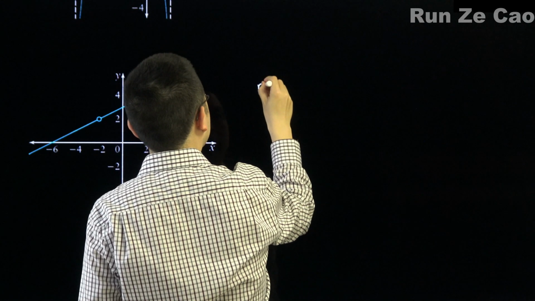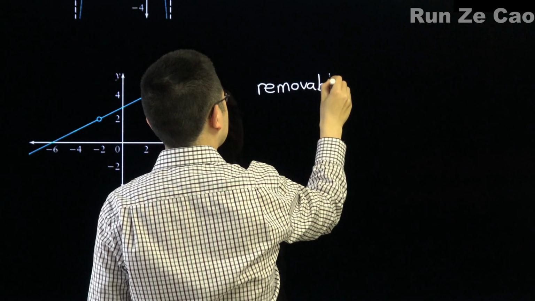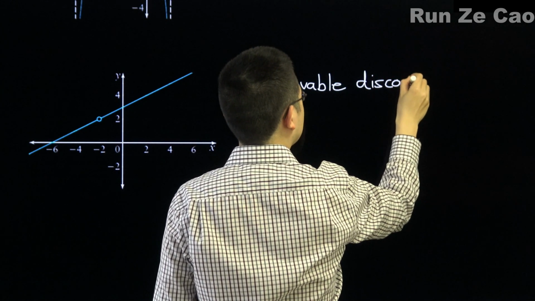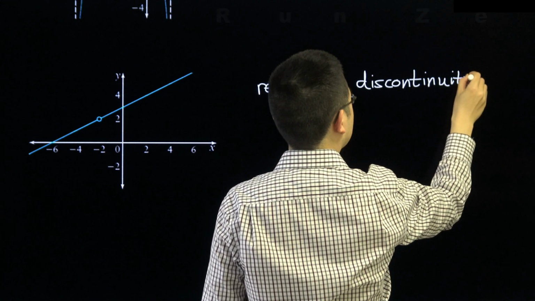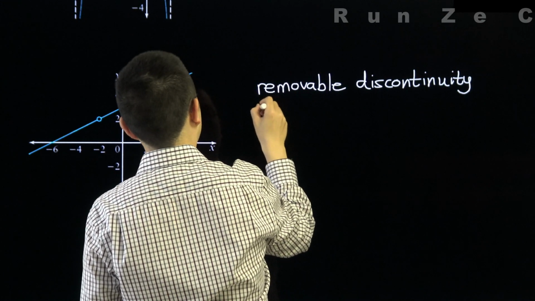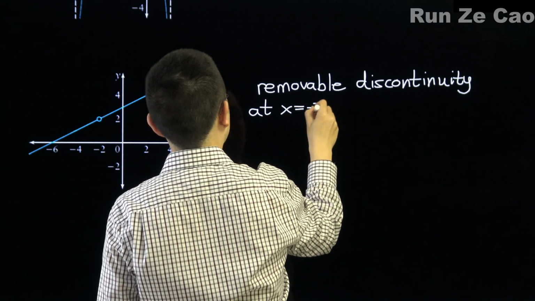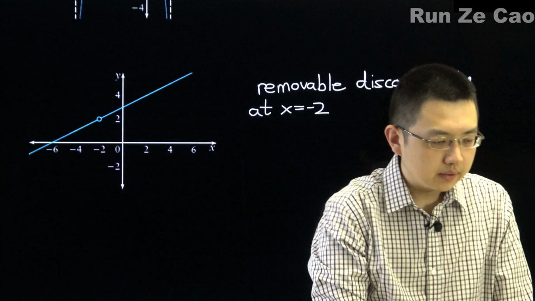This is a removable discontinuity at x equals negative 2.